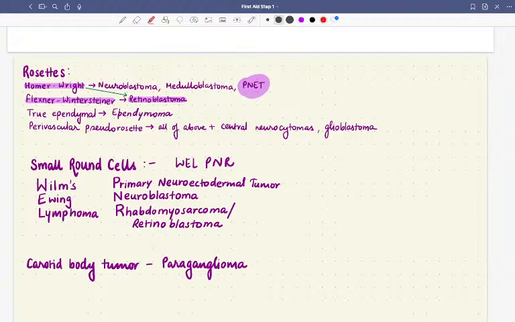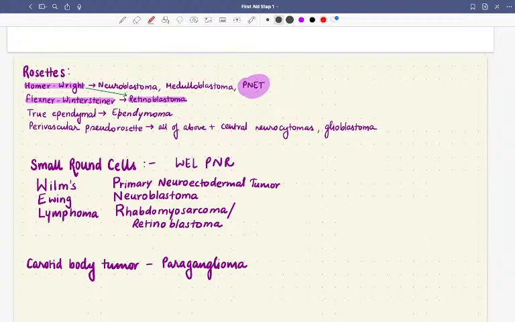Perivascular pseudorosettes: all of the above you'll find it in central neurocytomas and glioblastomas. Small round cells are present in Wilms, Ewing's, lymphoma, primary neuroectodermal tumor, neuroblastoma, rhabdomyosarcoma, retinoblastoma.